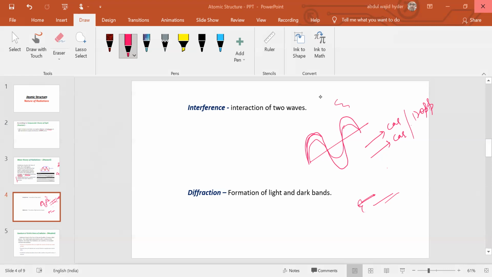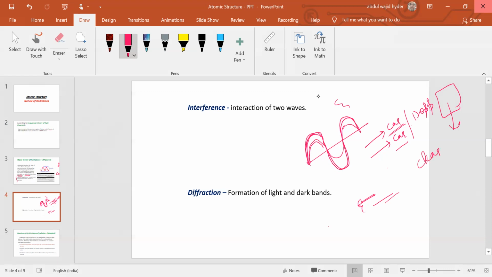Yes, sir. Okay, fine. So see, one wave is moving in this direction and the second wave is moving in the same direction. If both cars are moving in the same direction, then this will be very clearly observed.